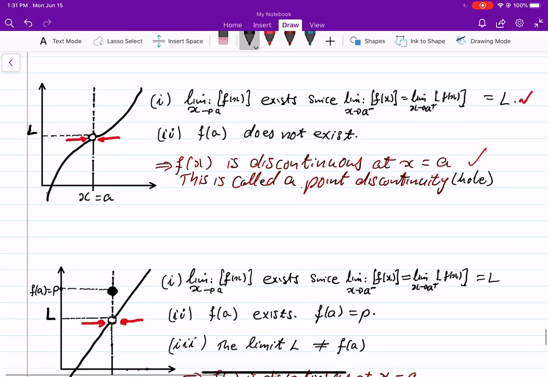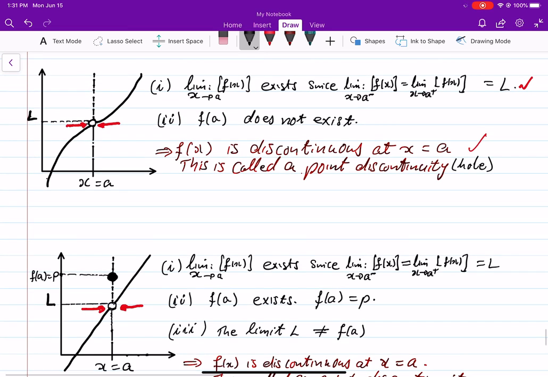Notice the fundamental difference between this scenario and the one we just looked at. Both of them have a hole in the function where x is equal to a. But in the one above, f of a does not exist. The y value doesn't exist. But in this one below, the y value does exist. The y value is p. But the y value is at a different point from where the limit is.